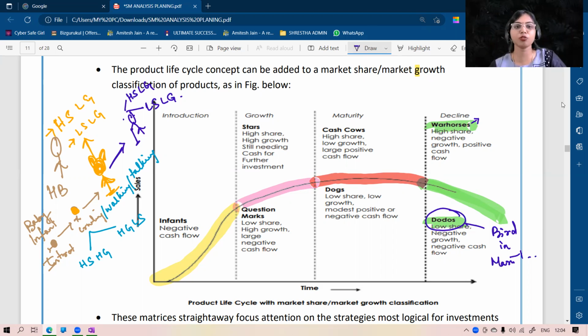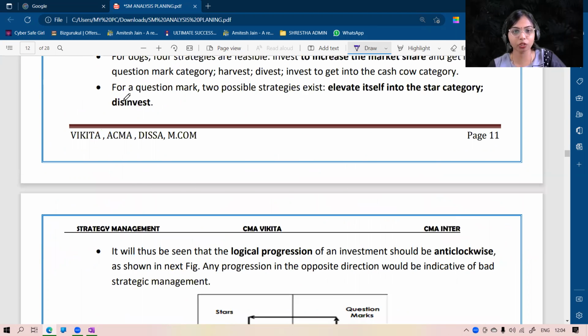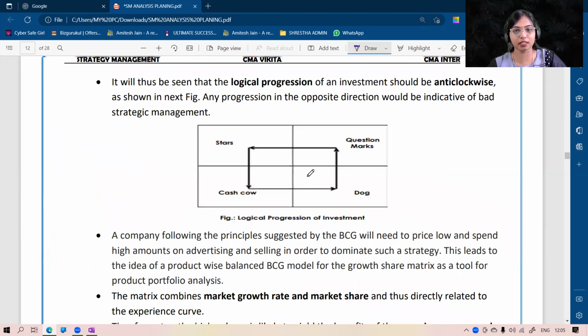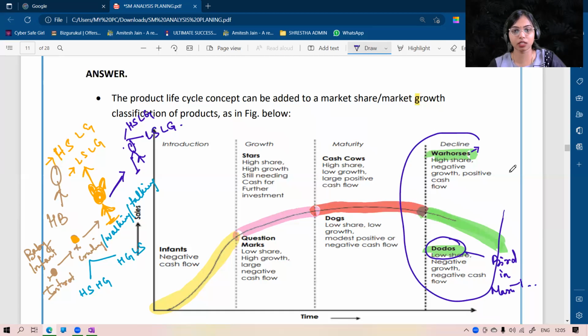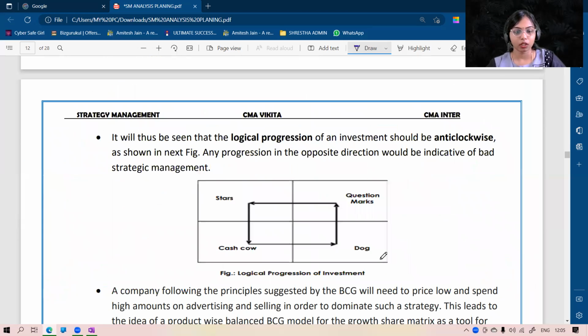So don't get confused, it's the same quality of what we read in the BCG model. Nothing extra is there, except this portion is the extra one. One more thing is the flow.